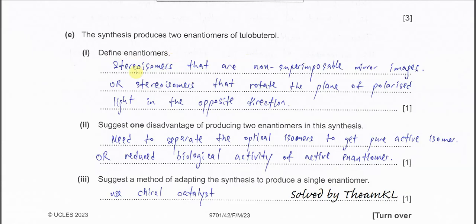They are stereoisomers that are non-superimposable mirror images, or stereoisomers that rotate plane polarized light in opposite directions. When polarized light passes through one stereoisomer, let's say it rotates positive 10 degrees, the other enantiomer must rotate negative 10 degrees.